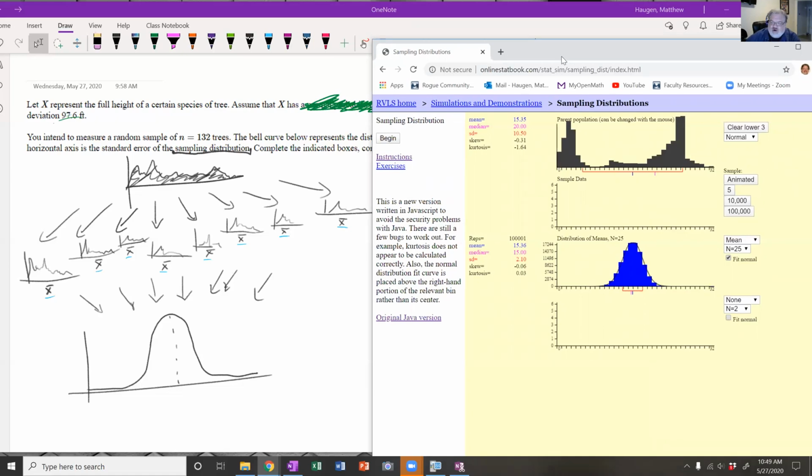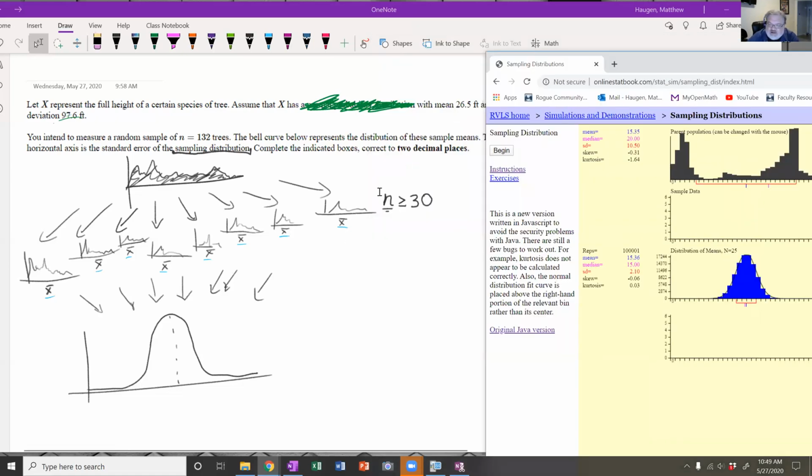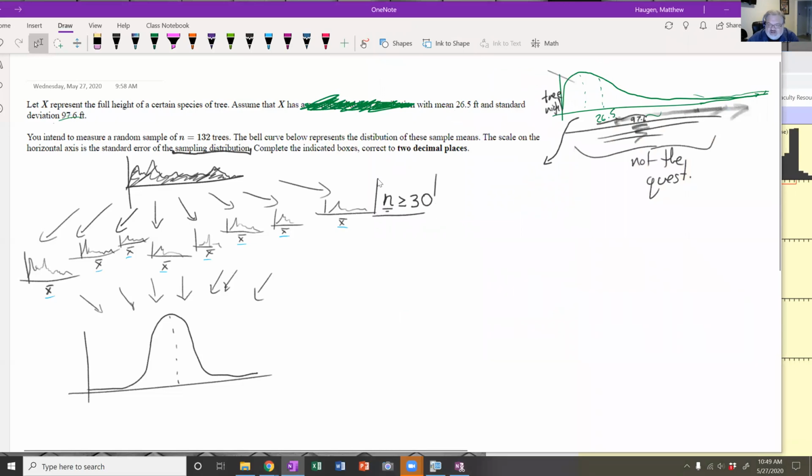So that's restriction 1. This is going to work if our sample size is at least 30. So this 132, plenty, way more than enough to guarantee normal distribution.